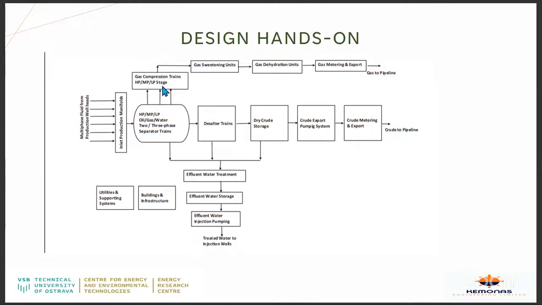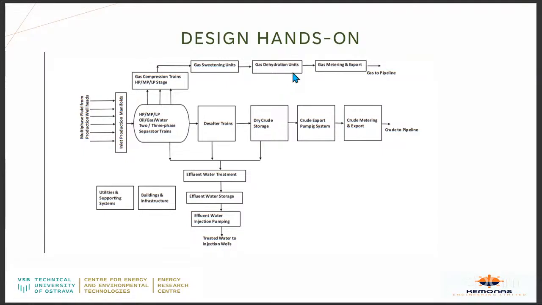And then the top part, which is the gas, goes to compression trains where the gases will be treated. The gas will be treated at the gas sweetening unit. The gas sweetening unit is where you remove the CO2 and sulfur contents of the gas, and as well the dehydration units where you dehydrate the gas.